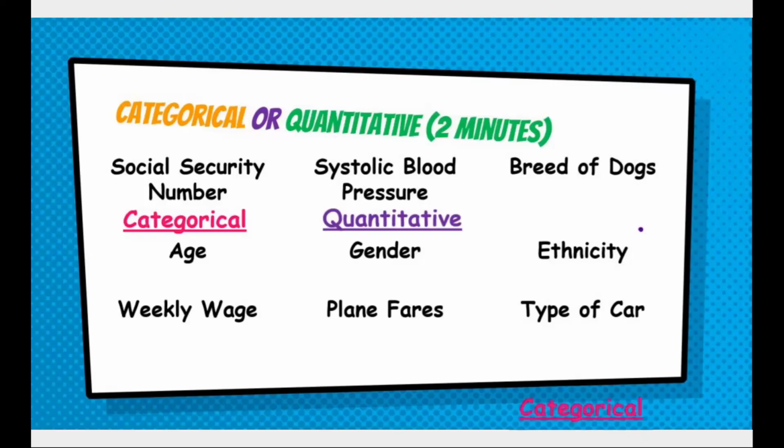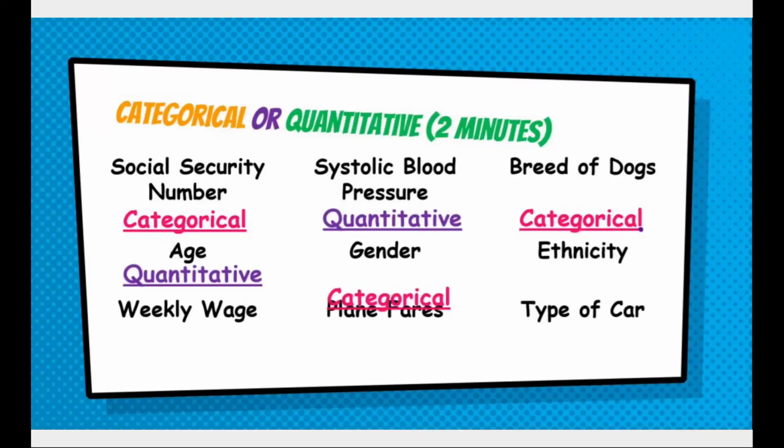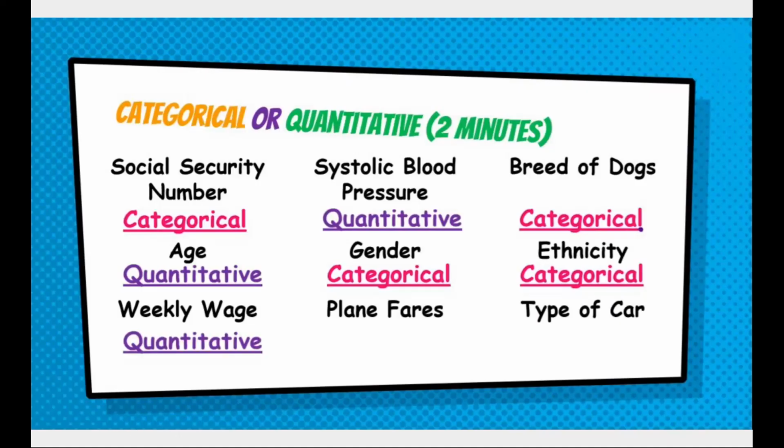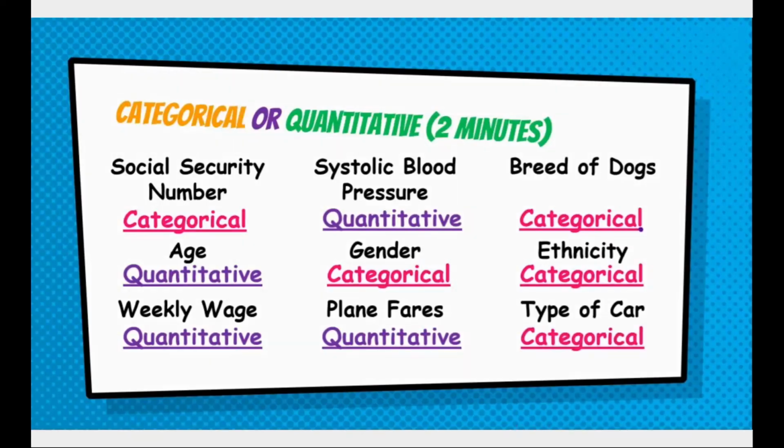Breed of dogs, think about the responses: German Shepherd, whatever, that's going to be categorical. Age would be a number, so that would be quantitative. Gender would be categorical. Ethnicity would also be categorical. Weekly wage, meaning how much you make, would be a number. Plane fares, meaning how much it costs to fly on a plane, also deal with money, which is a number, so that would be quantitative. The type of car would be categorical.